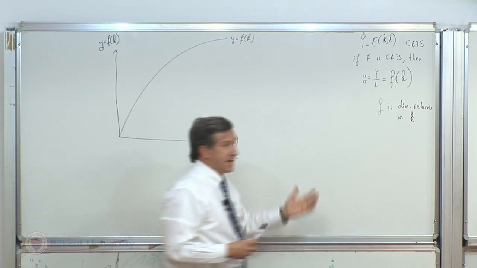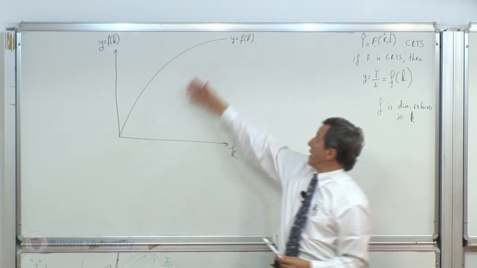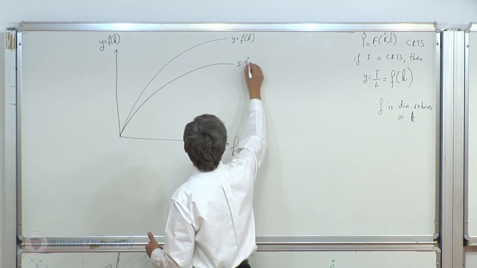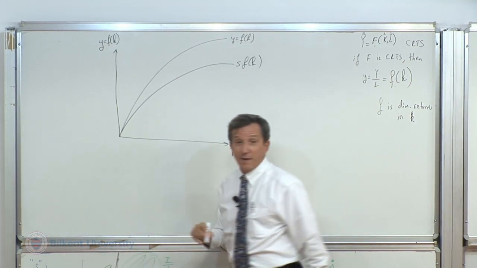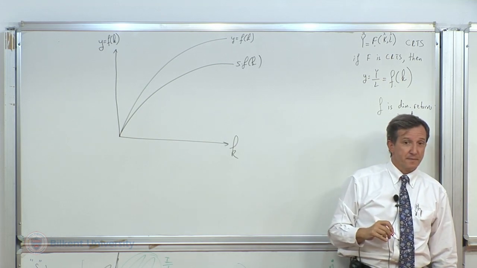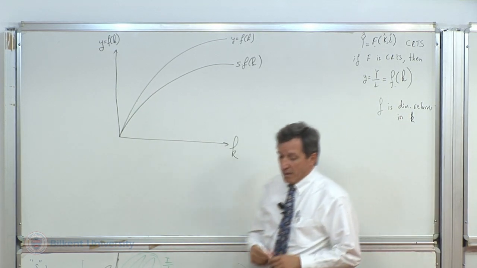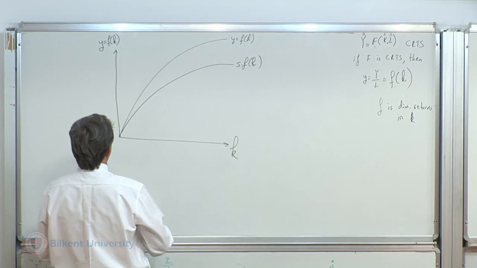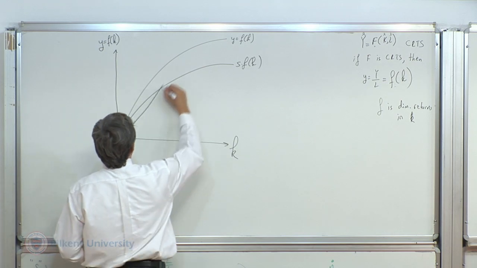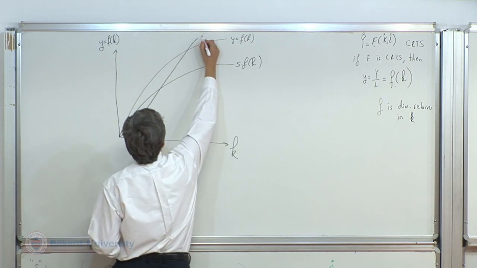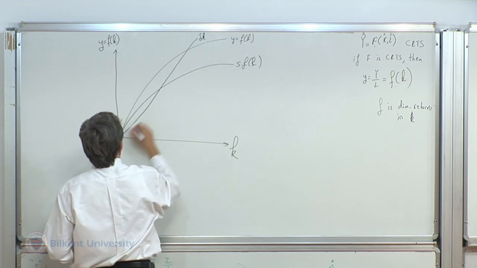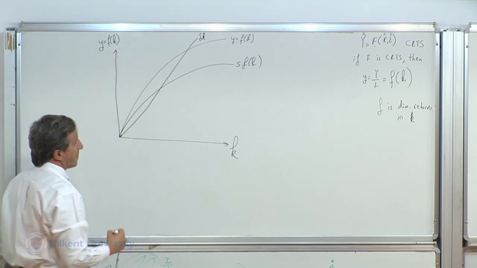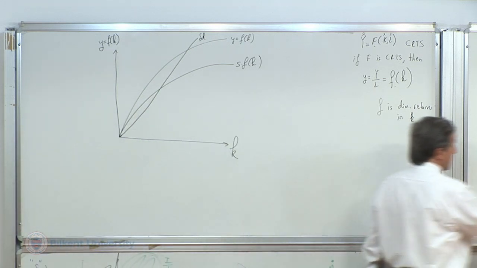If my production function is this one, and I am saving s times f of k, that's my saving function. And there is also a depreciation rate, delta k, that should be a straight line, which narrates this equation.